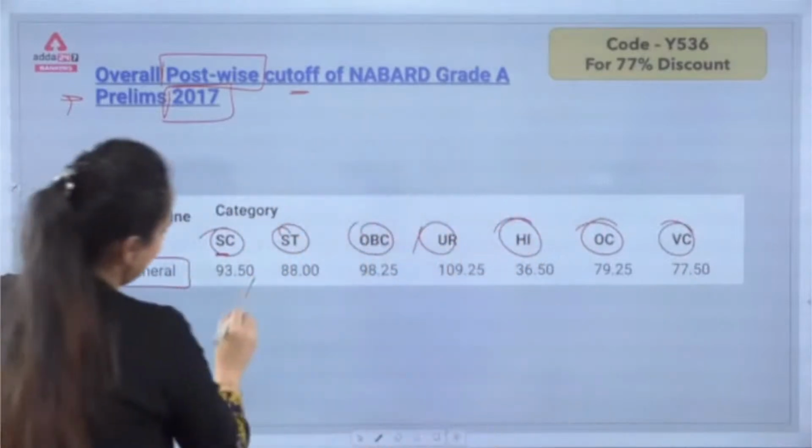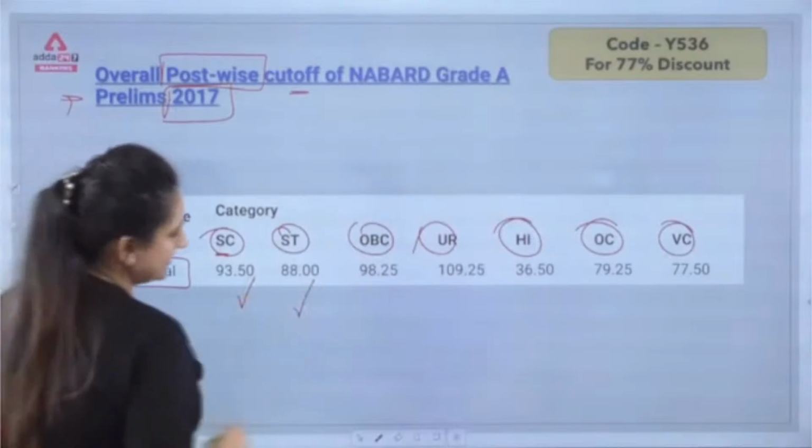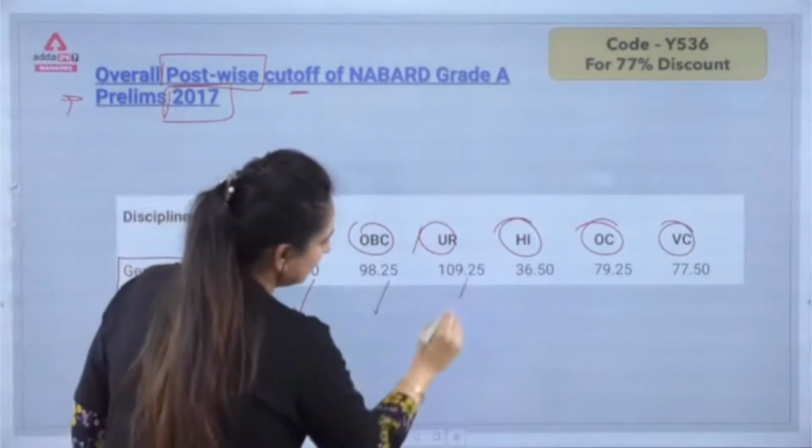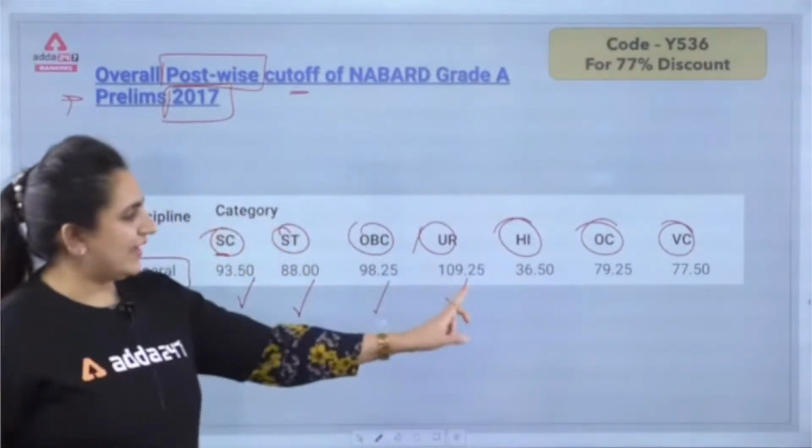Okay, 93.5, 88, 98.25, it is 109.25. For them it is HI, it is 30.